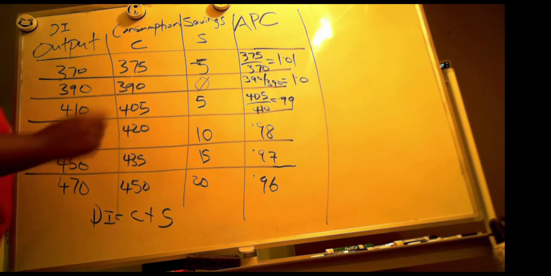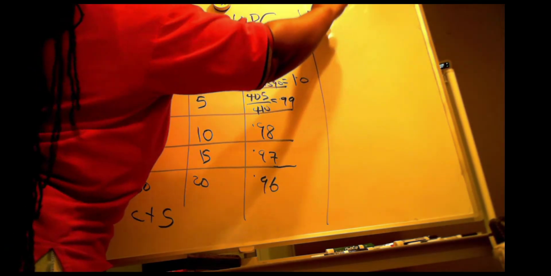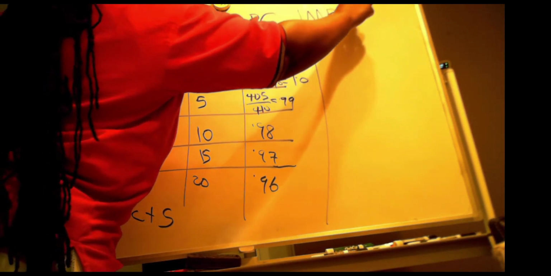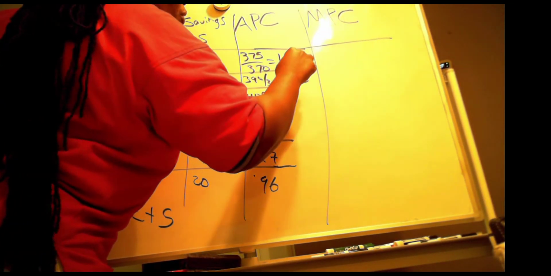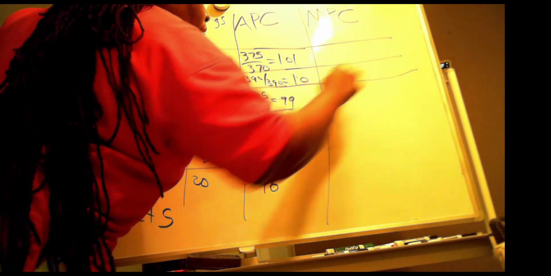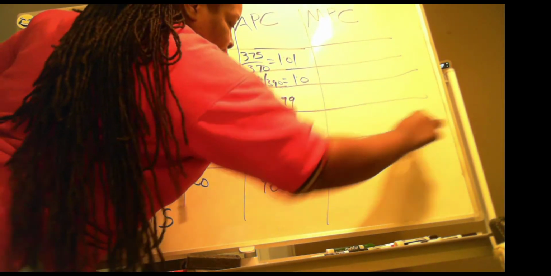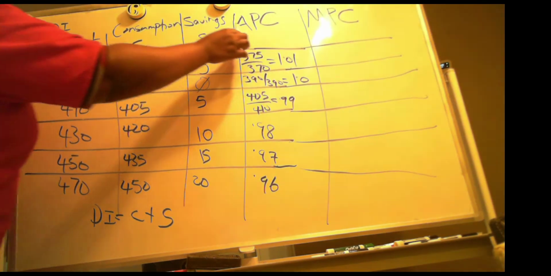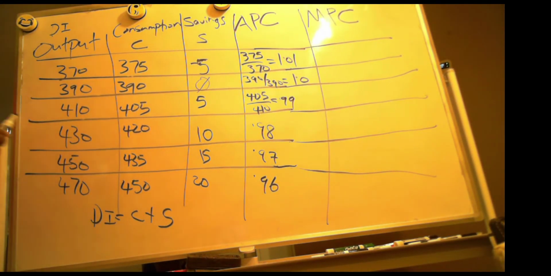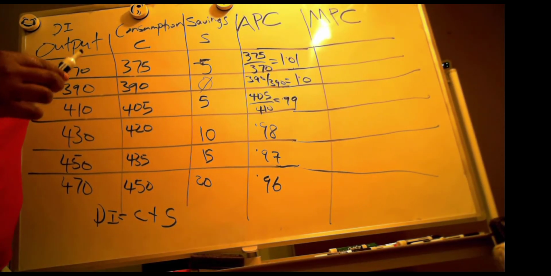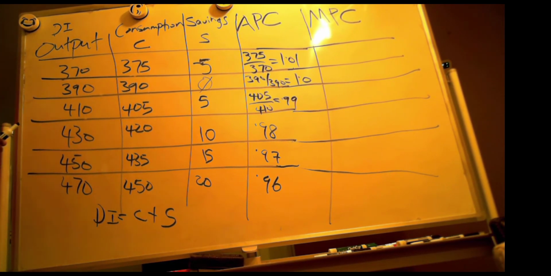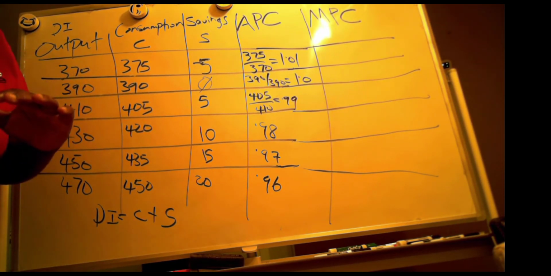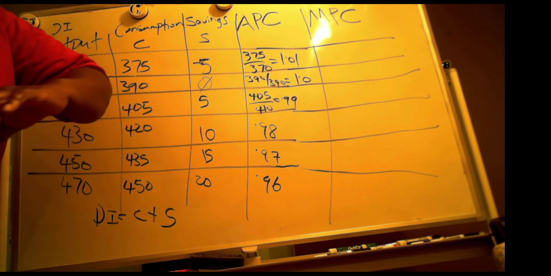It's called the marginal propensity to consume. You might be going, how is that different from the first one? Well, I'll show you. You have the average propensity to consume, the share of your income that's consumed. That one is called the marginal propensity to consume. Now, how is this different? Marginal in econ means change.